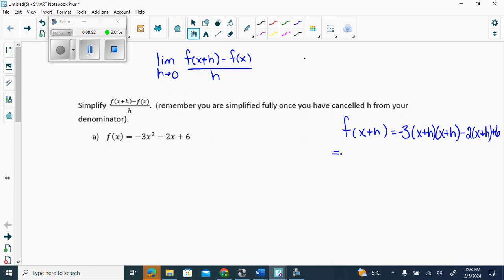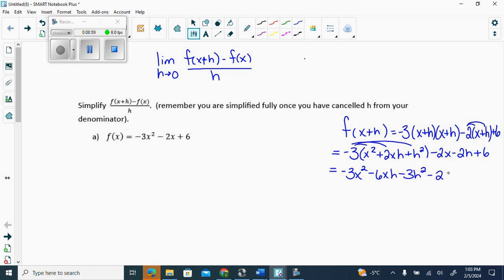So that's going to be negative 3 times x squared plus 2xh plus h squared, minus 2x minus 2h plus 6. Distribute the negative 3 through. We get negative 3x squared minus 6xh minus 3h squared minus 2x minus 2h plus 6.